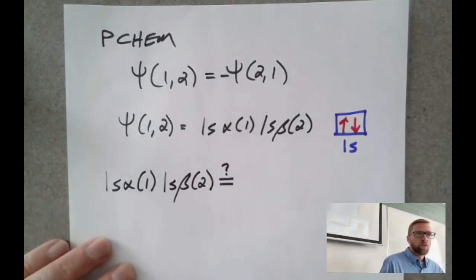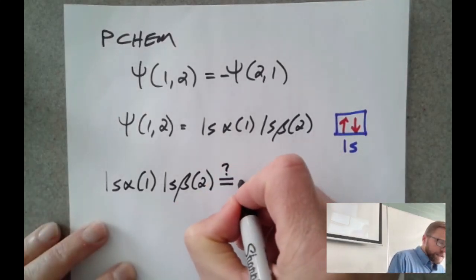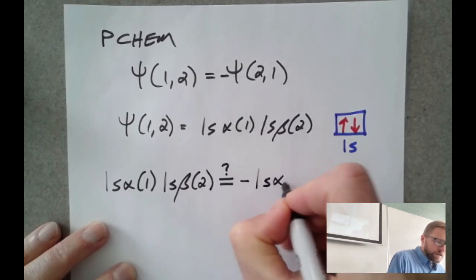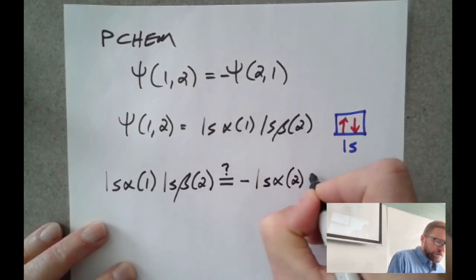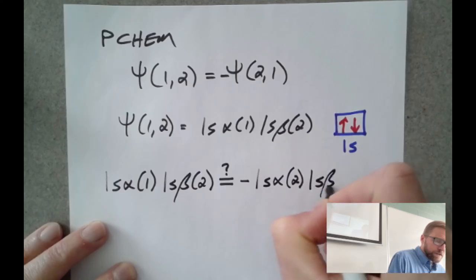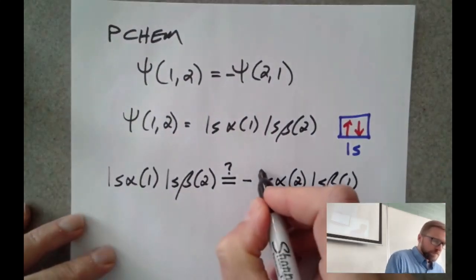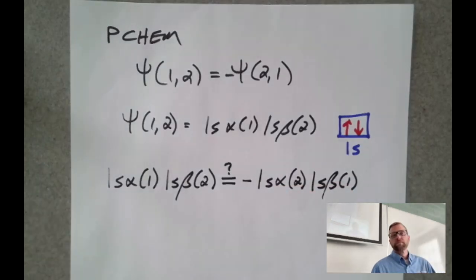Does this equal negative 1s alpha(2), 1s beta(1)? What do you think? Is this antisymmetric? Are those equal?